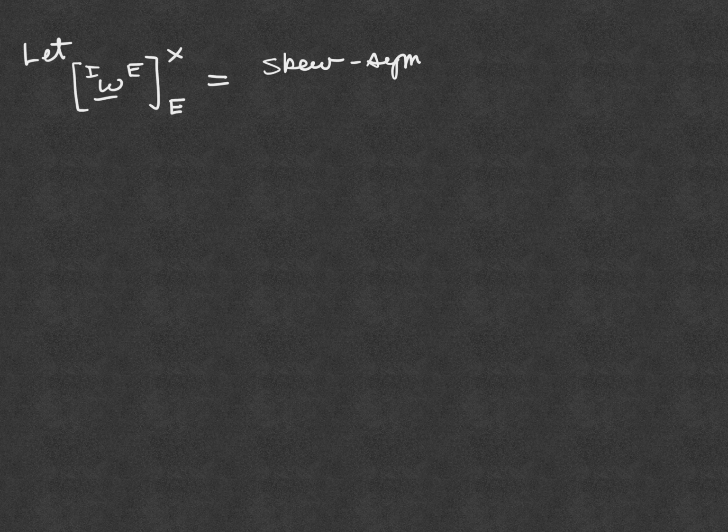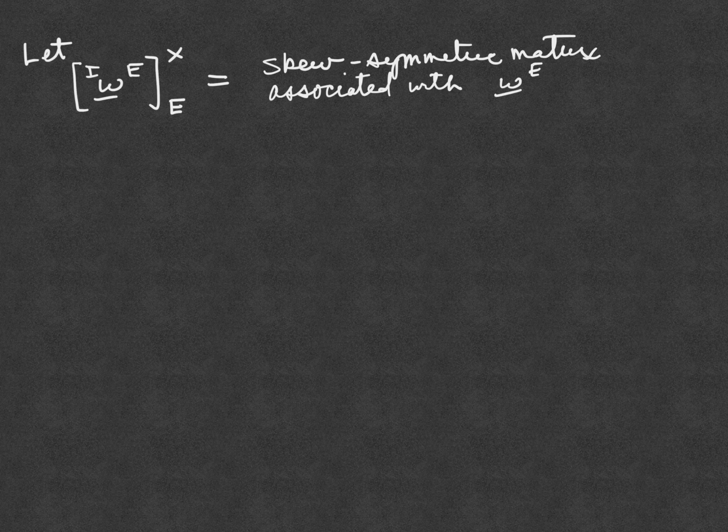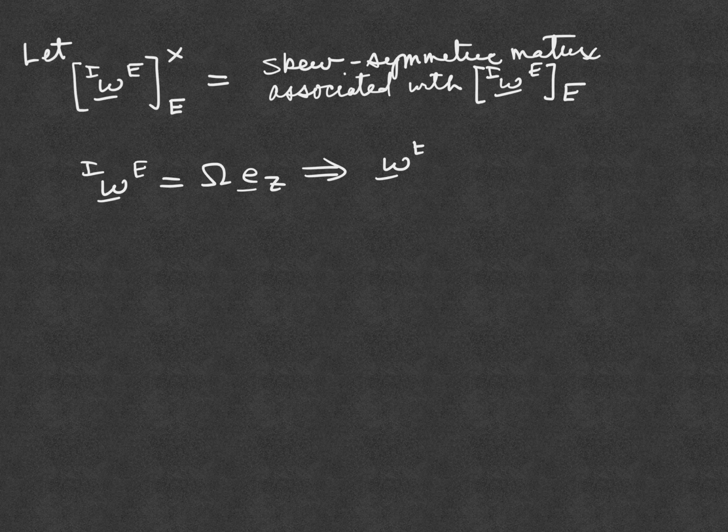So now let omega EI skew in E equal the skew symmetric matrix associated with omega EI expressed in E. Well, we can recall that omega EI is equal to omega EZ, which implies that omega EI expressed in E is equal to 0, 0, omega.